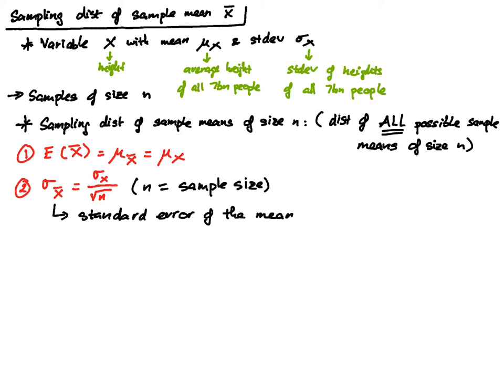Okay. Now when it comes to the distribution shape, we're going to have two cases. First off, if we know that the underlying variable x is normally distributed, then all the sample means x bar are normally distributed.